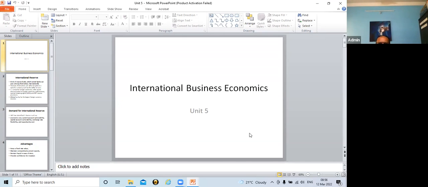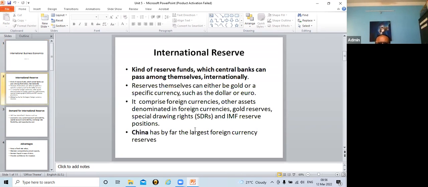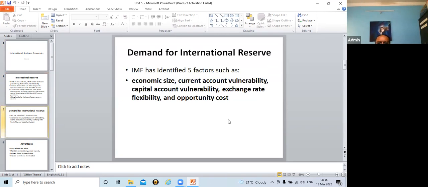IMF, the International Monetary Fund. The IMF was created in 1944. Through this IMF, member countries maintain reserves, and these reserves are used whenever there are problems in a particular country.